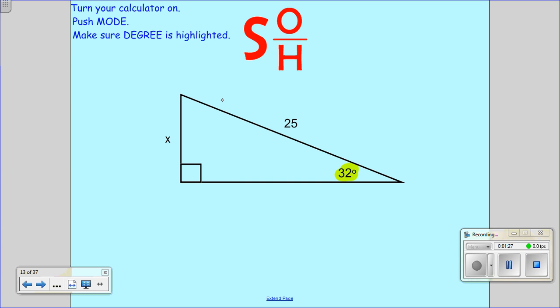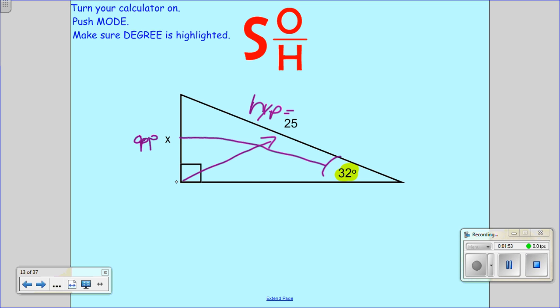Again, always start with the hypotenuse. Hypotenuse is always across from the right angle. So this is our hypotenuse. And then across from the reference angle is labeled as x. This is opposite.